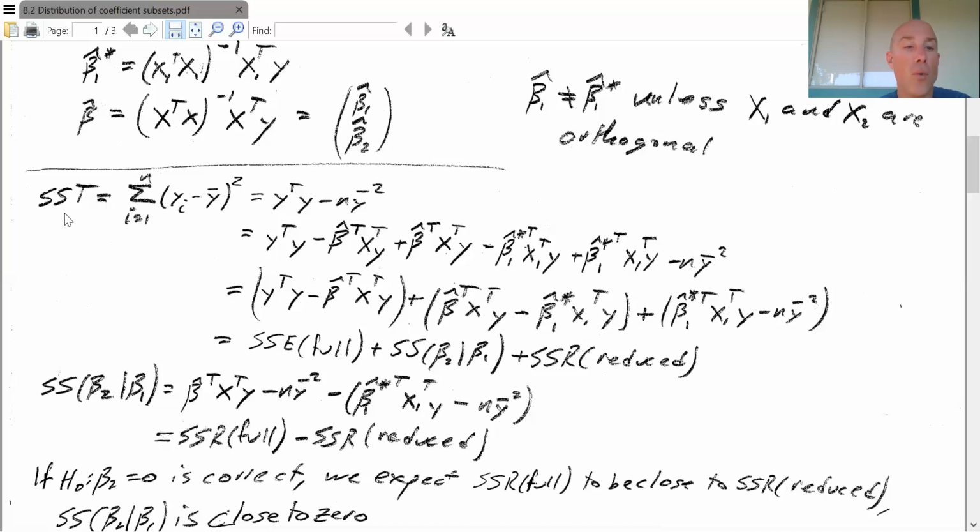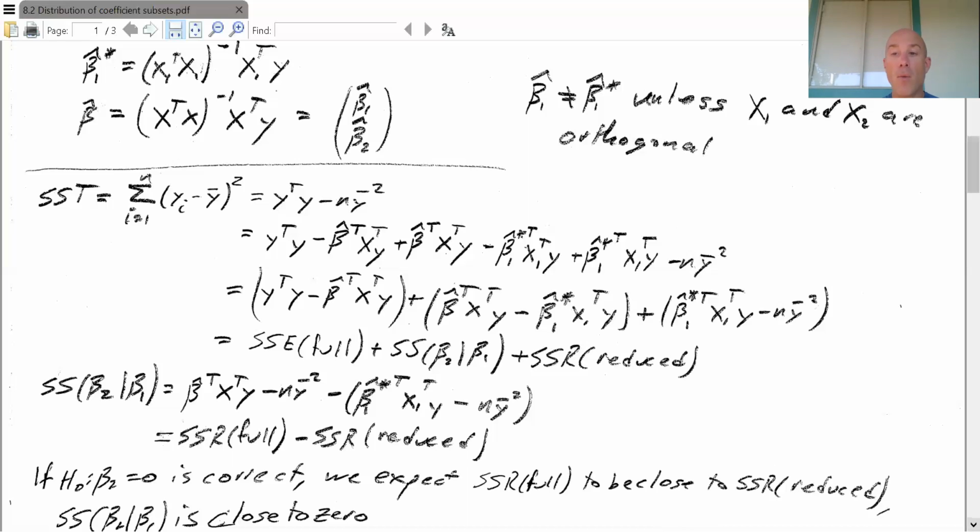Okay, so sum of squares beta 2 given beta 1 is equal to sum of squares regression full minus sum of squares regression reduced. If we look at this for a little bit, we rearrange these terms. All right, so if the null hypothesis that beta 2 equals 0 is correct, we expect sum of squares regression full to be close to sum of squares regression reduced.